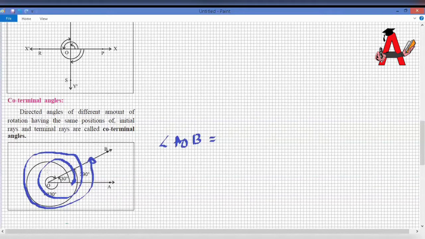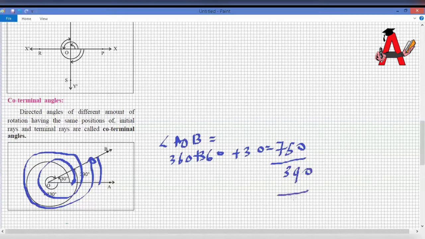In this case, the first angle is 360, then 360 plus this 30. That will be 360 plus 360 plus 30, which is 750. So angle 750, angle 390, and angle 30 all are said to be coterminal.